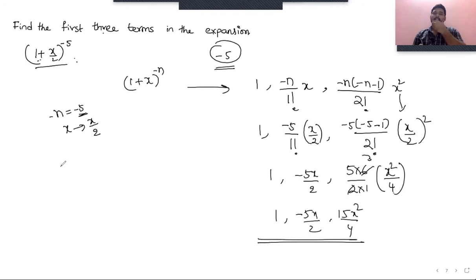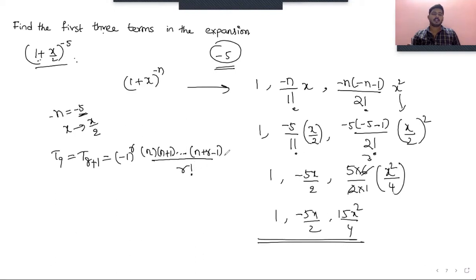Suppose they ask for the 9th term, that means it's T8 plus 1. First we have to write the general formula, which will be minus 1 whole power r into n into n plus 1 and so on, up to n plus r minus 1, by r factorial into x power r.